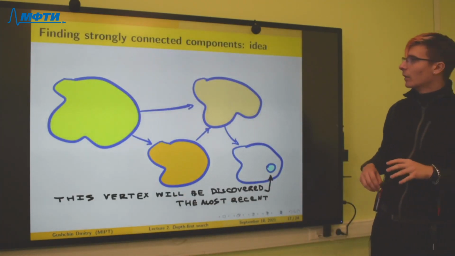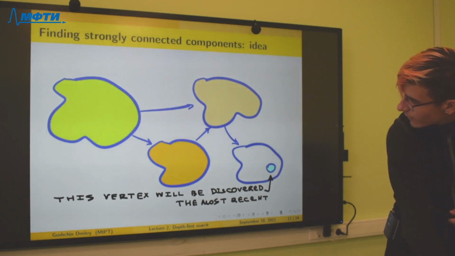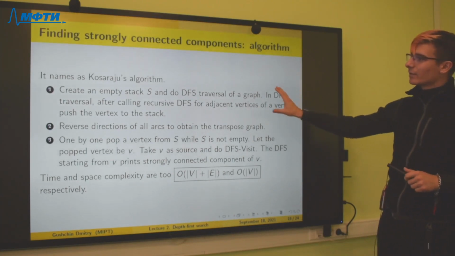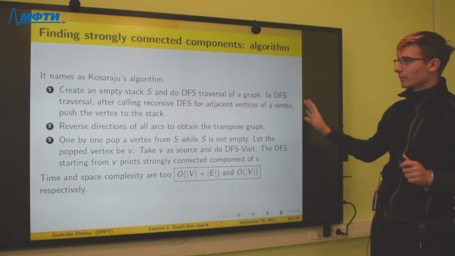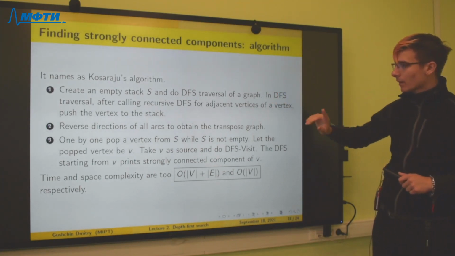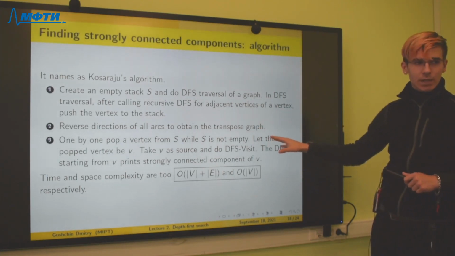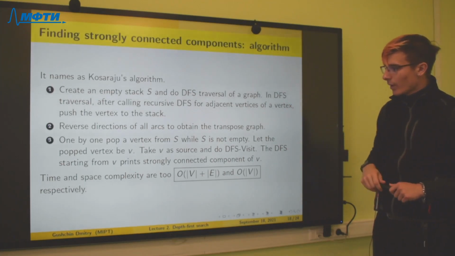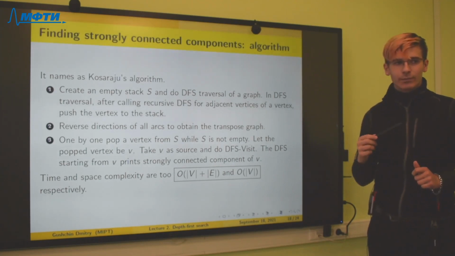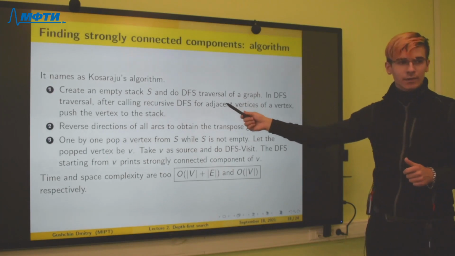So, about the algorithm that solves this task. The first step is simple. It's only DFS. But then, in the second step, we reverse all directions, and then we start DFS from the last vertex that we visited in the DFS.